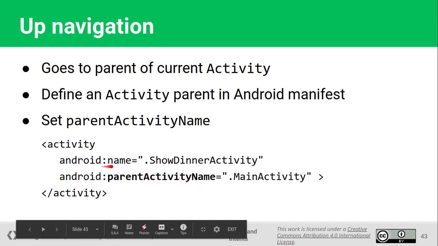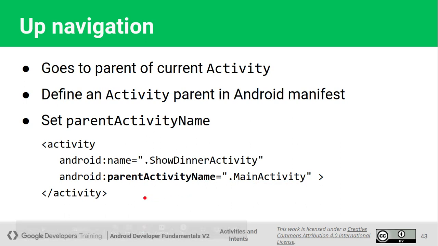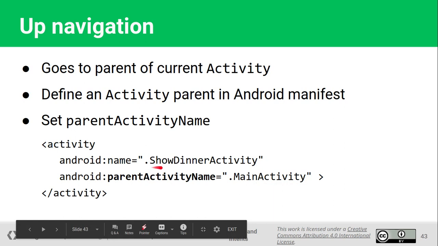In this case, the parent of show dinner activity is assigned as the main activity. Once we have done this, when we press the up navigation button from the show dinner activity, it will navigate back to the main activity.